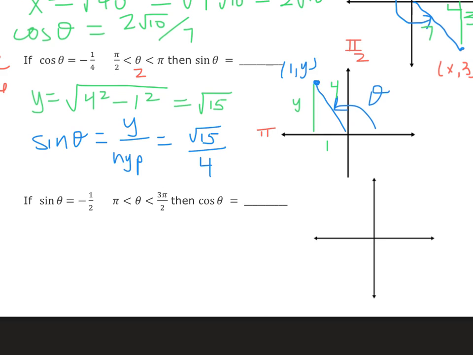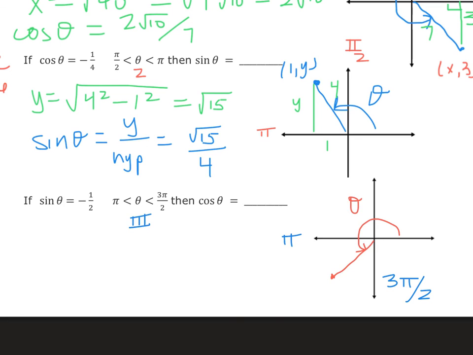Okay, we have the last one. We have sine theta is negative 1/2, and theta is in between pi and 3 pi over 2. So basically this is saying we have an angle that's in quadrant 3. So there's theta, and we can identify the point.